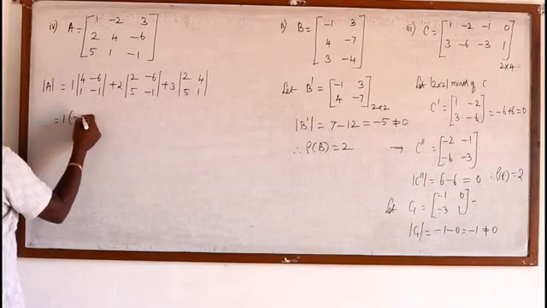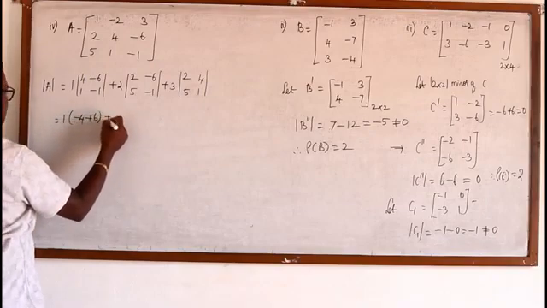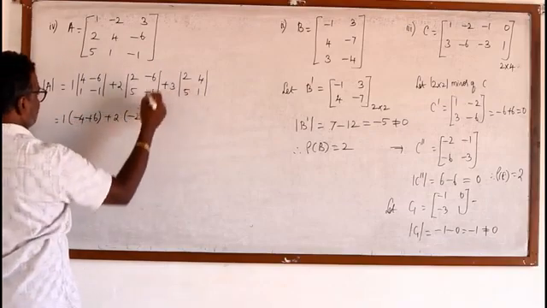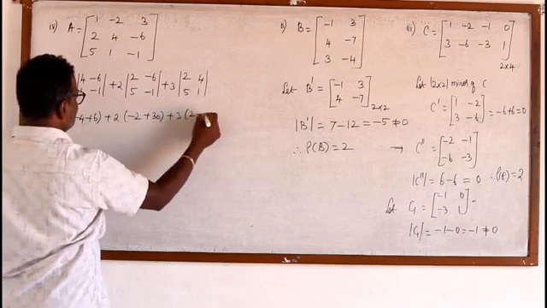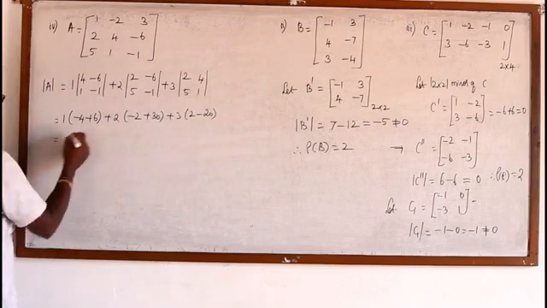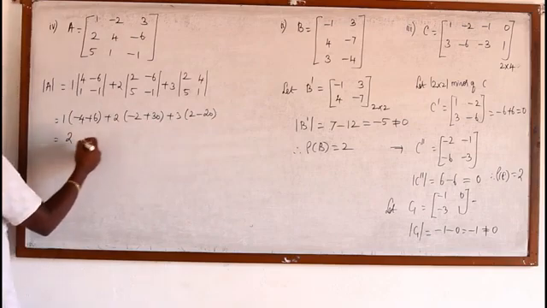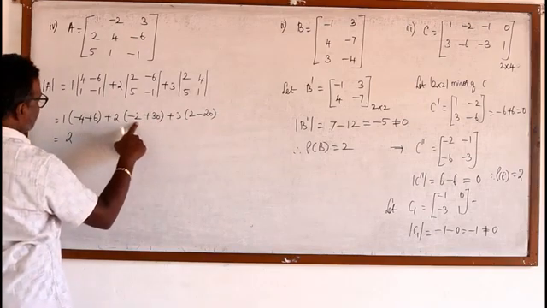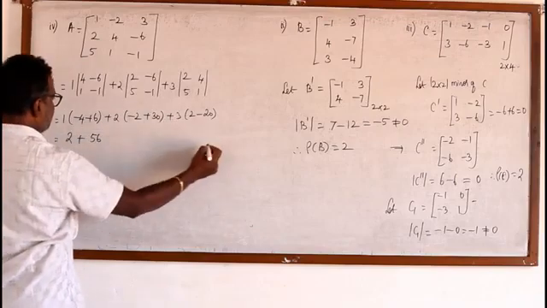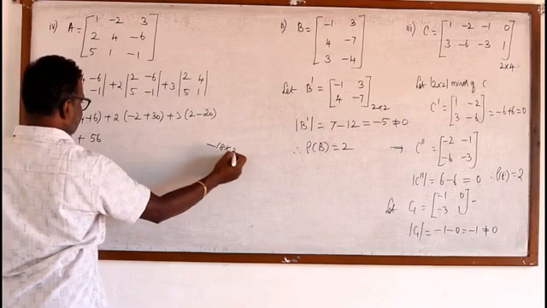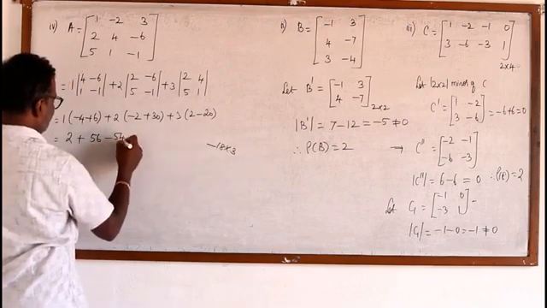It is 1 into minus 4 plus 6, plus 2 into minus 2, minus 30, so plus 30, plus 3 into 2 minus 20. It is 6 minus 4, 2; 2 ones are 2; 30 minus 2, 28; 28 twos are 56. It is minus 18, minus 18 into 3 is minus 54.